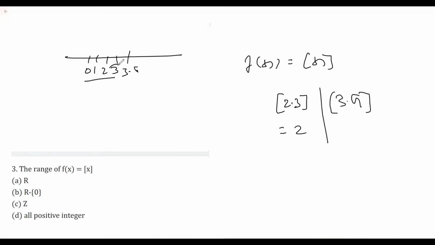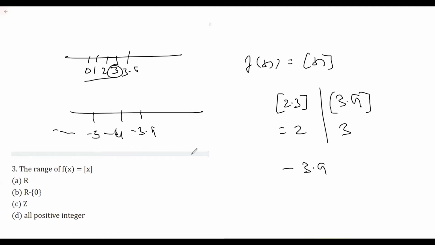And among them, whichever is the greatest is the greatest integer function. Similarly, if I take -3.9, on the number line, preceding this is -4, and then -5, and so on. So among these integers, the greatest is -4.